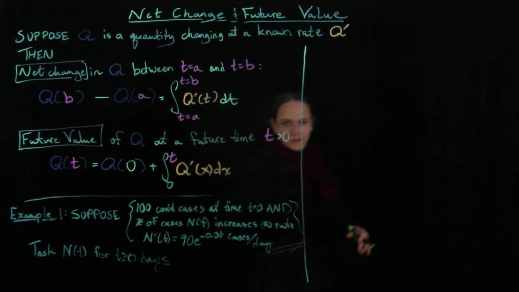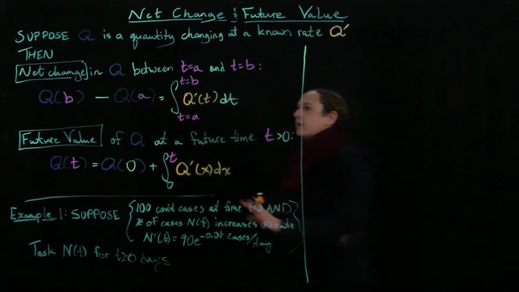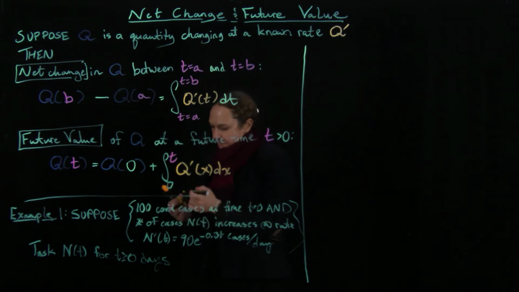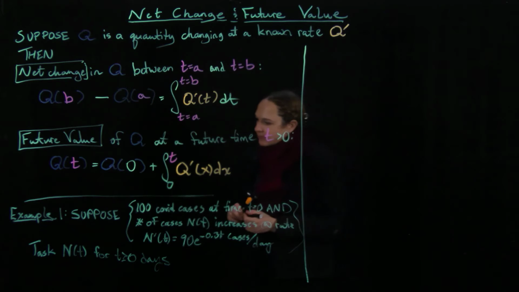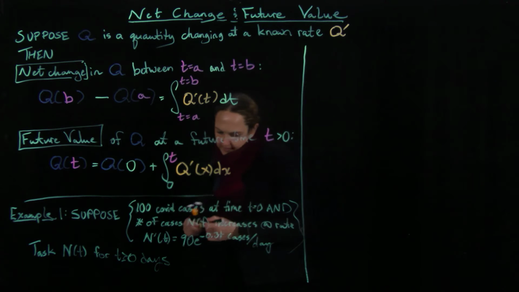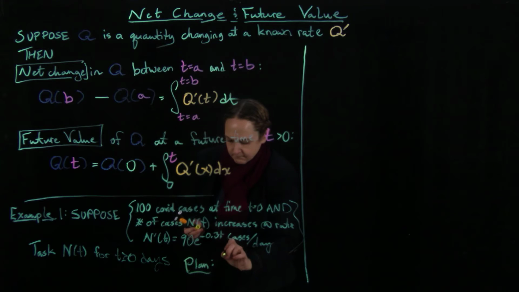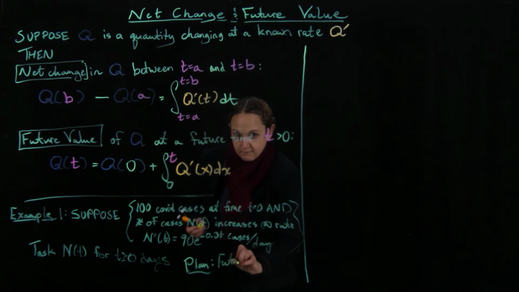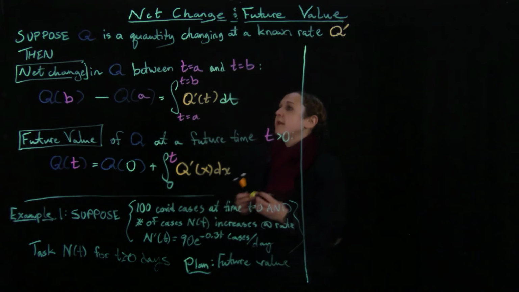Okay? So now let's continue on to actually do this. And we want to coordinate what's going on here. So we're looking at a future value problem. So the plan is that this is a future value, so we're going to use that equation up there.